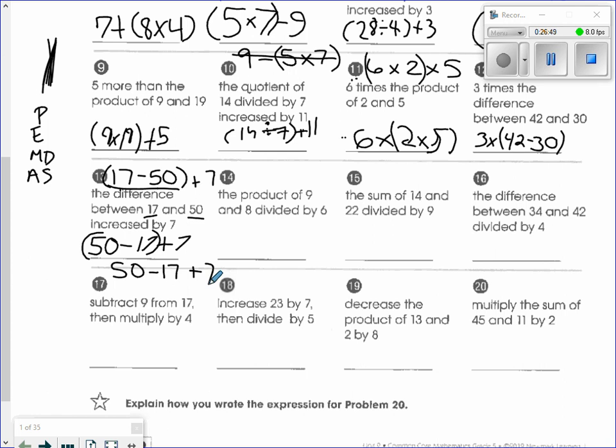Because I'm taking the difference and I'm increasing it by 7. So when I'm doing expressions, I like putting the parentheses. So I'm going, okay, I'm taking that difference, I'm adding 7 to it. So I'm really paying attention to what it's saying and going, okay, the difference. Bam. That's what I'm doing. I'm increasing that by 7. Here, I'm just taking the numbers and throwing them on there and going, okay, there's a difference, there's an adding, there's this.